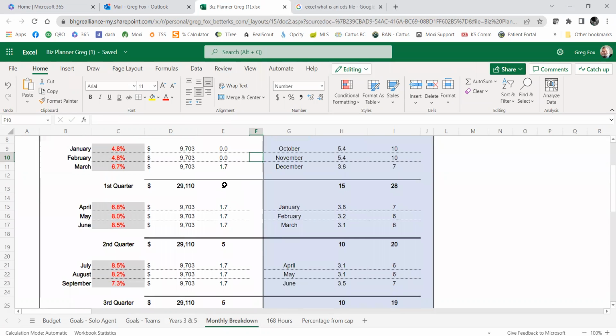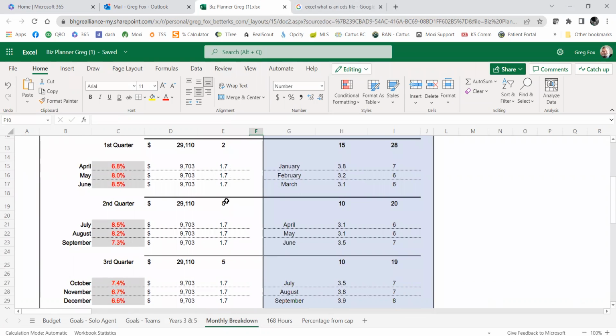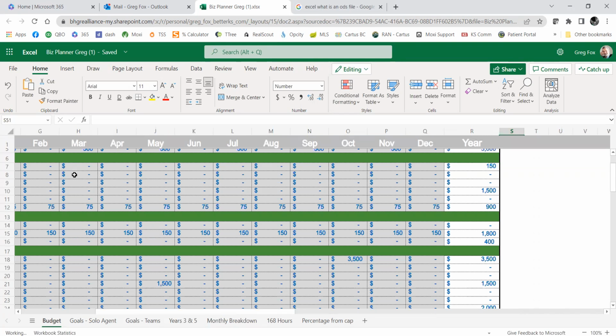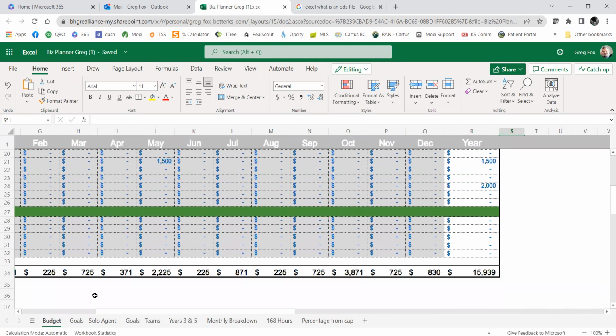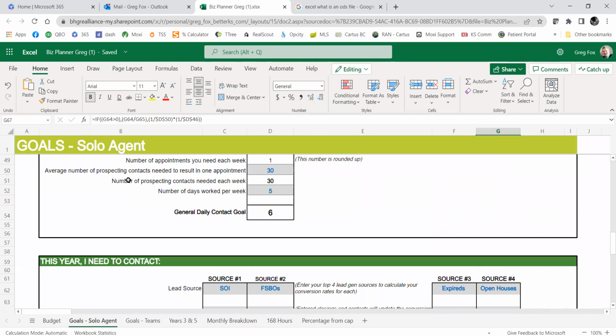This is more like, how many did you actually do? So this is more of a results page than one to have you go in and fill out. I suppose one could, if you wanted to put the income in, break it down, but it's not really set up for that. It's more set up for planning, not tracking.